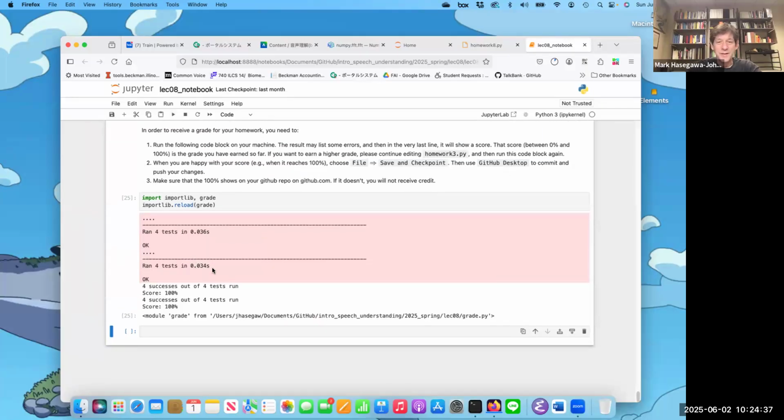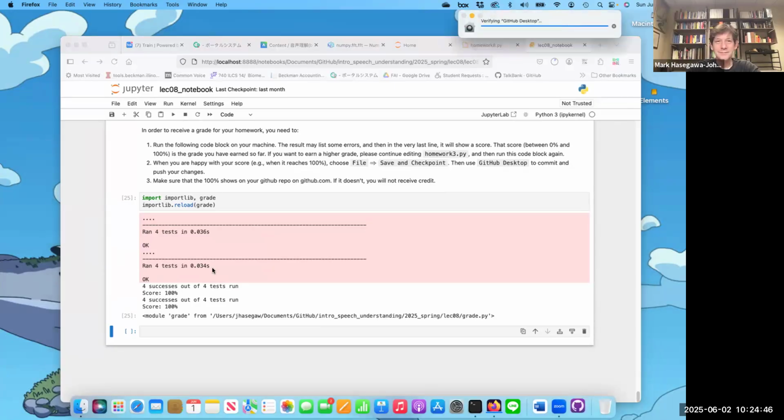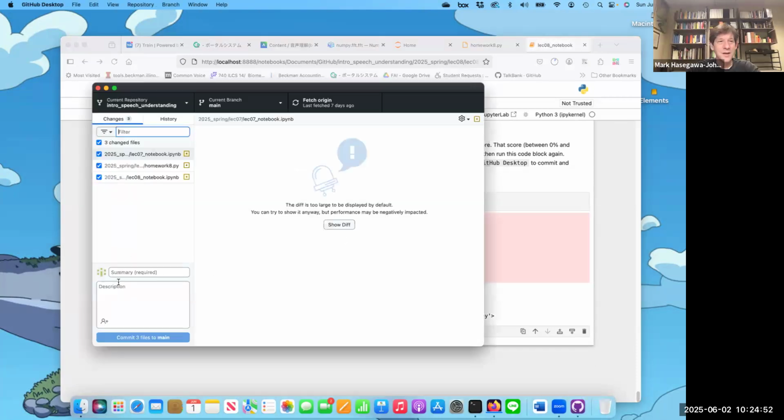And so at that point, it's time for us to run GitHub Desktop and try checking it in. Let me see if that works. Let's see, homework 8. I did homework 8.